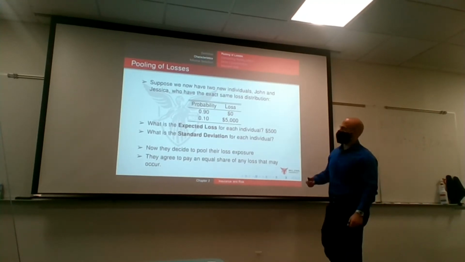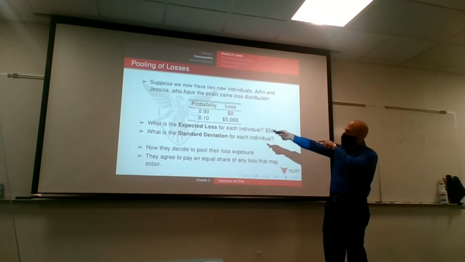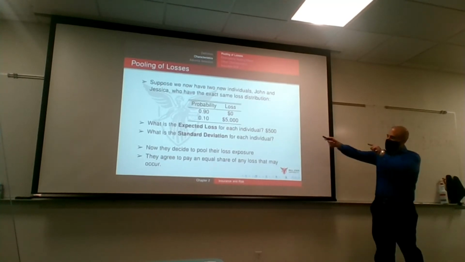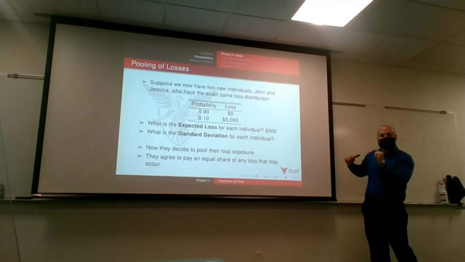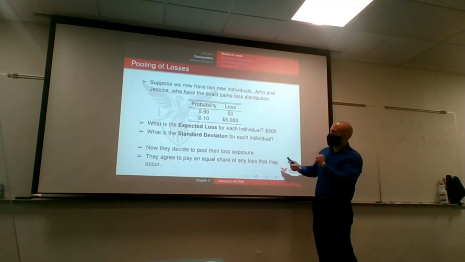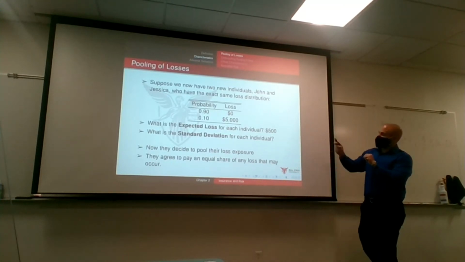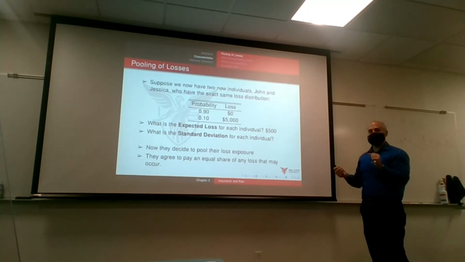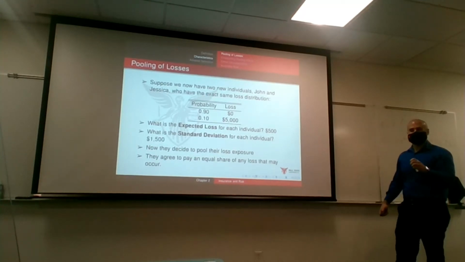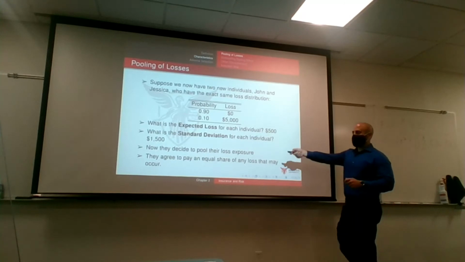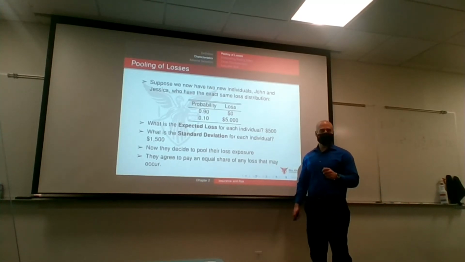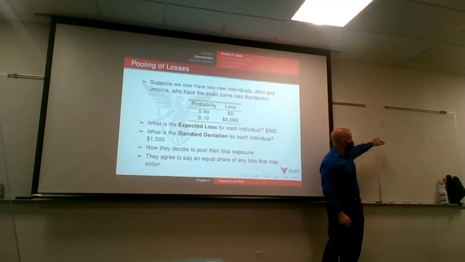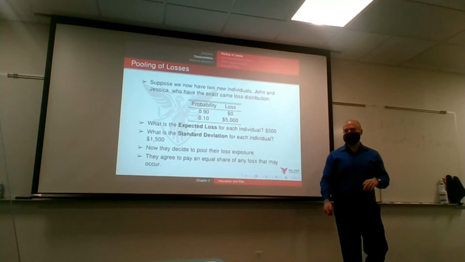The deviation, can't really do that quite as easy in my head, but it would be 90% multiplied by 0 minus 500 squared, plus 10% multiplied by 5,000 minus 500 squared. We take the square root of that sum, and we get a nice even number, as if it were planned, of $1,500.